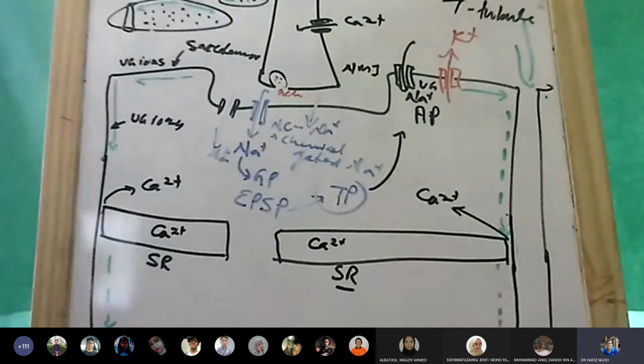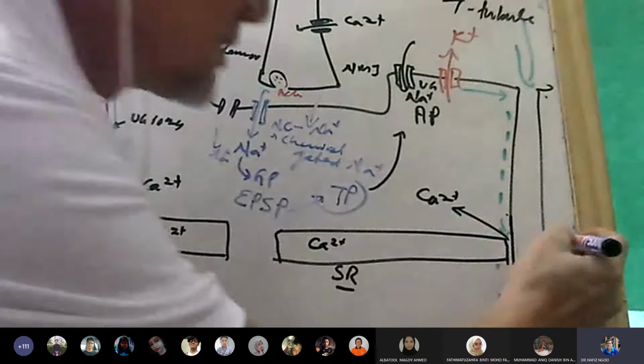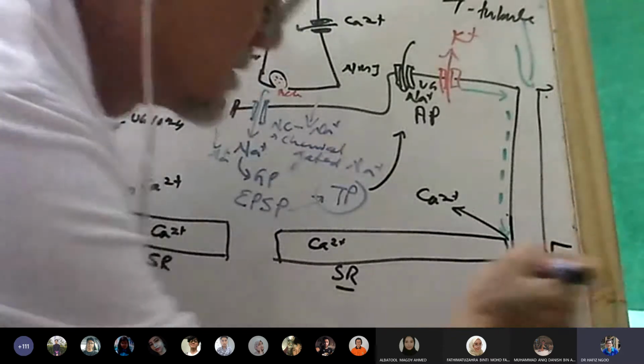So you move on to the next one, looking at the T tubule. It's a bit complicated. If you look at the structure on page 26, figure 11.7, the T tubule is connected to the sarcolemma.